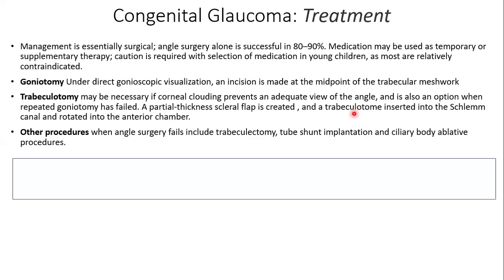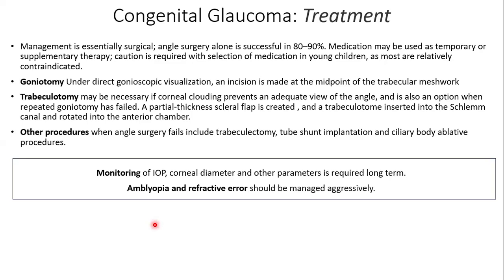So always remember, those children will not see not because of glaucoma, but because of amblyopia. Especially if it is unilateral, they will have high myopia, and if it is not treated properly, they will have anisometropic amblyopia with severe visual deprivation. So monitoring of IOP, corneal diameter and other parameters, and amblyopia and refractive error should be managed aggressively.